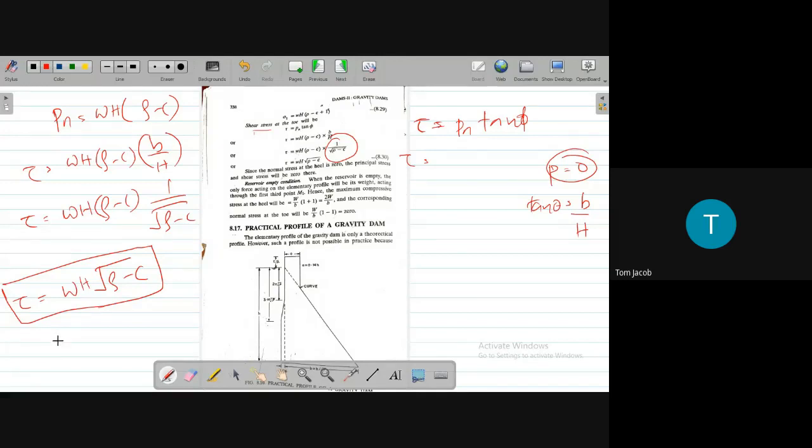That is when there is no tailwater, that is the worst condition for full reservoir case. And what is tailwater? It is the water on the downstream side; when it is absent we get the worst condition for a full reservoir.